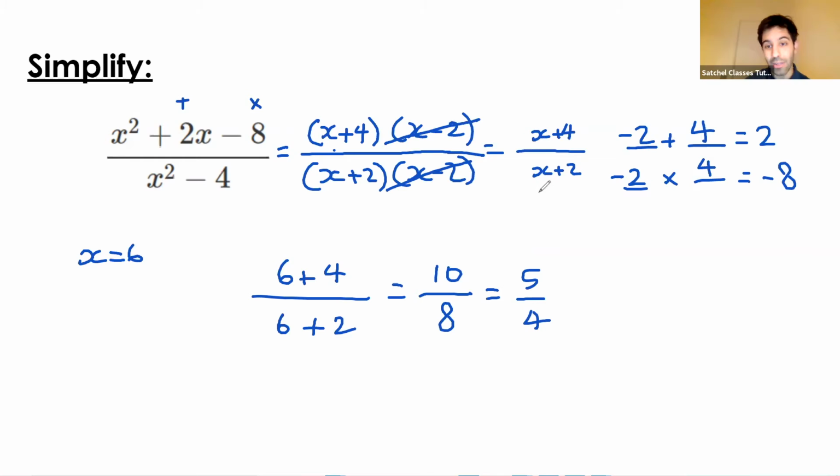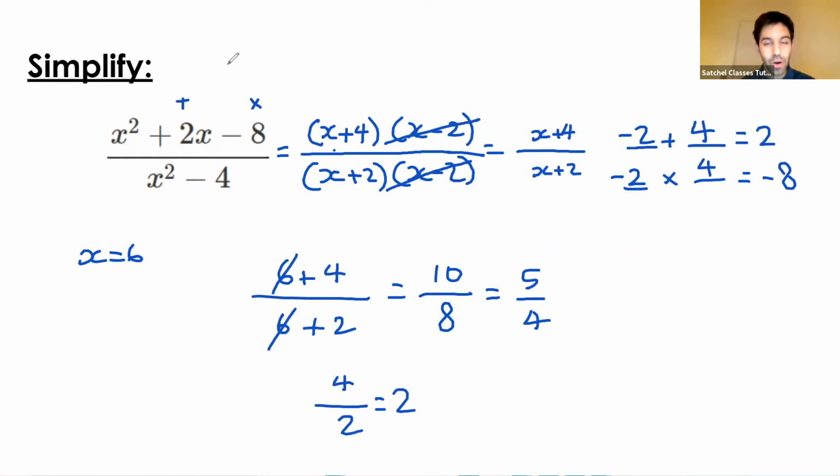However, if you were to cancel the x's down, in other words, cancel out the 6's, you would have 4 over 2. But this expression is not equal to 4 over 2, 4 over 2 being 2. So just be mindful, when we're adding a term to the numerator or the denominator, we can't just cancel them out.